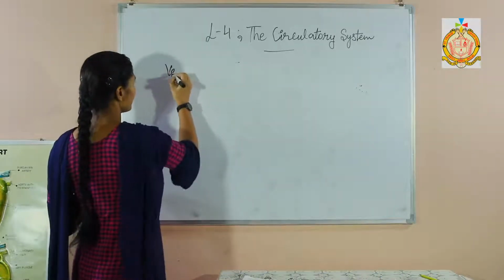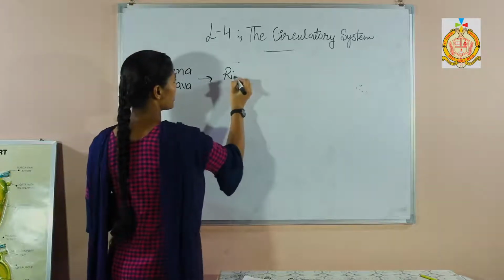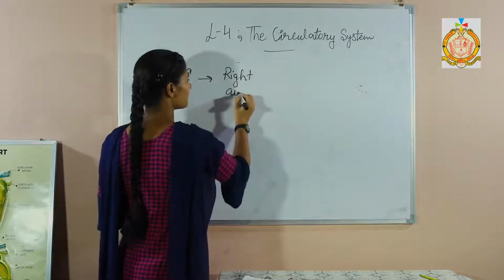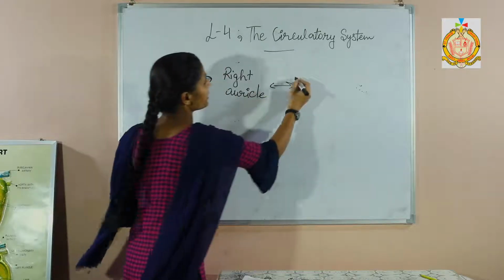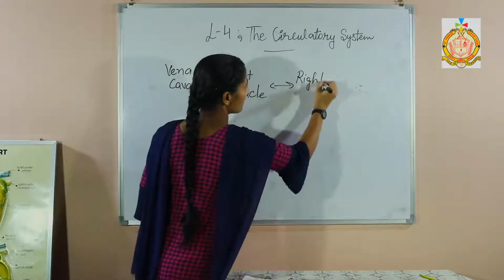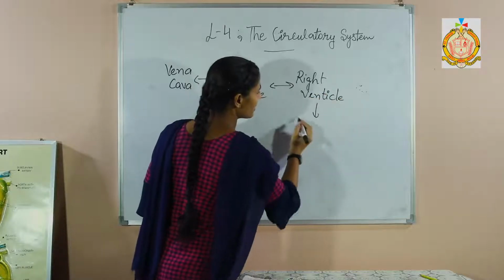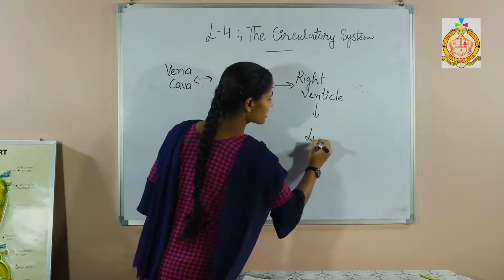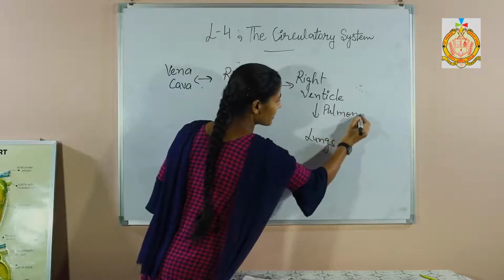First, the vena cava is taking blood and sending it to the right auricle. From the right auricle, this blood is going to the right ventricle. From the right ventricle, it is going to the lungs for purification with the help of the pulmonary artery.